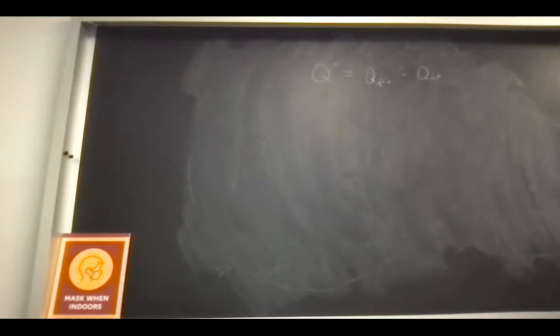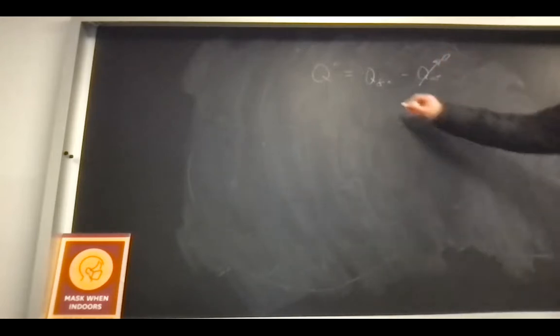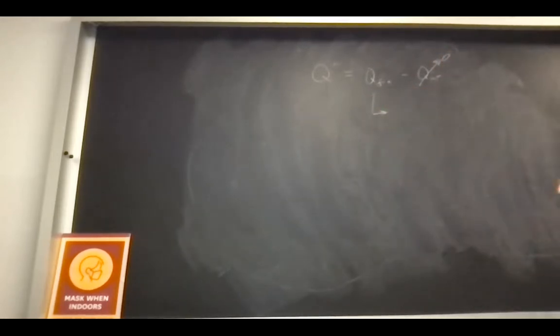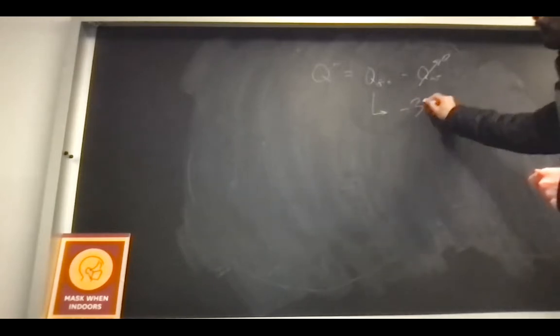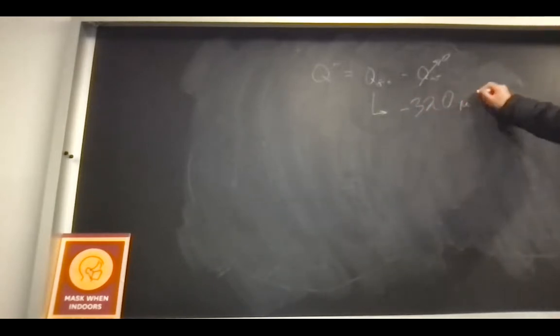Initial, we already discussed. When that switch is open, there's no current going to be there, so that guy's going to equal 0. Next, we're going to plug in right here. Again, if you intuitively think, it's going to be negative 320 microcoulombs.